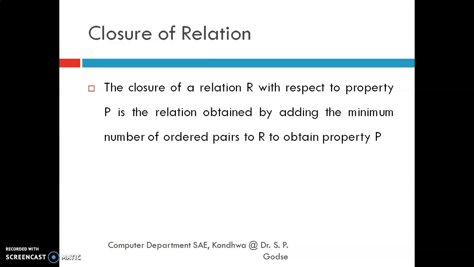So to obtain a reflexive relation from a non-reflexive relation, the minimum number of pairs that need to be added to that relation is nothing but the closure of that relation R, and it is called the reflexive closure.